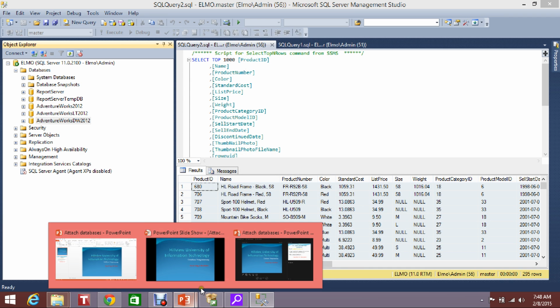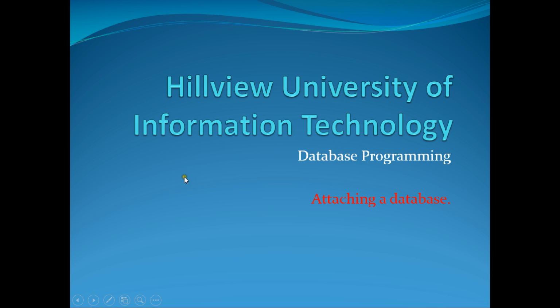So in this class, we've been able to successfully attach our database to our SQL Server Management Studio, and we are ready to start administering SQL Server using this practice database, and also start learning how to develop our SQL queries and other things in SQL Server Management Studio 2012.